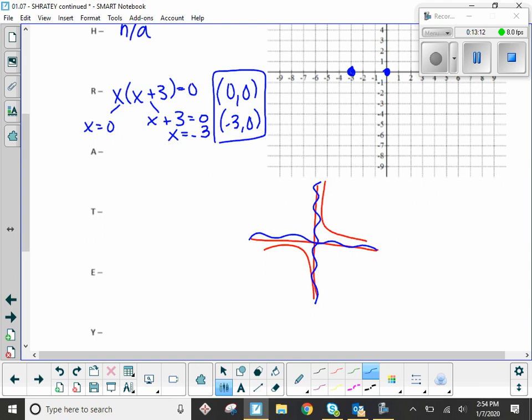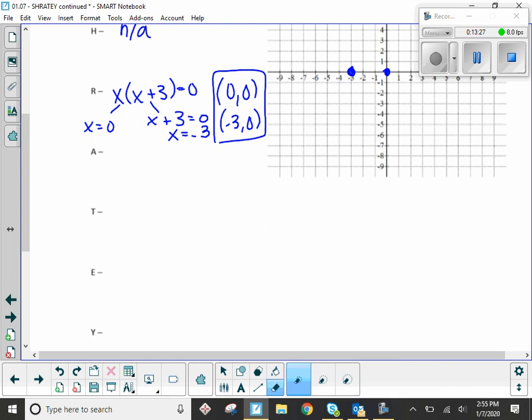Which one does your A section deal with? Vertical, okay, and it says that right there. We'll talk about the horizontal ones later on in the acronym. So this one is for vertical asymptotes only. Roots: you set the top equal to 0. Asymptotes, vertical A: set the bottom equal to 0.